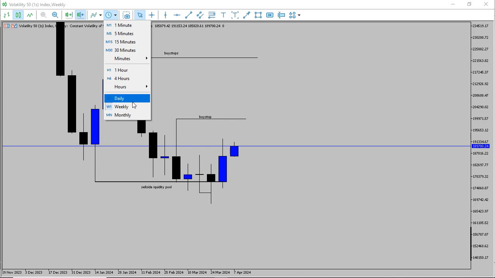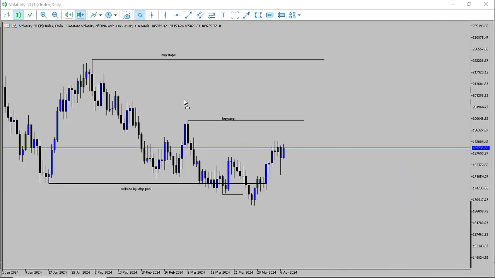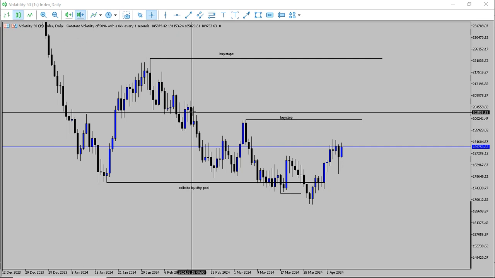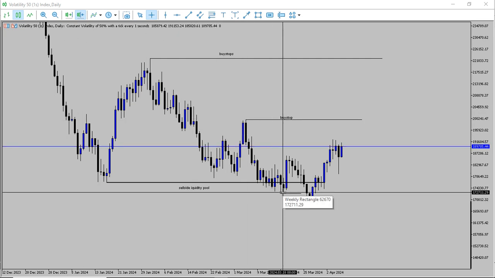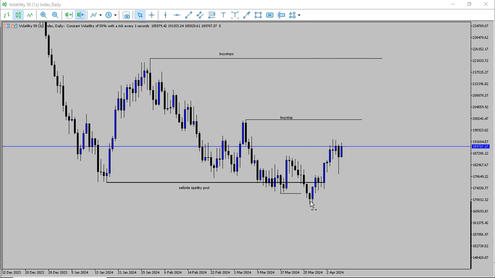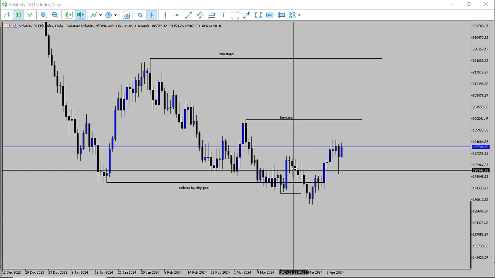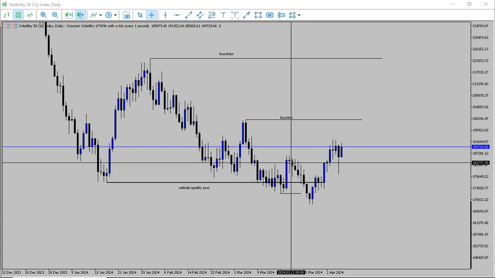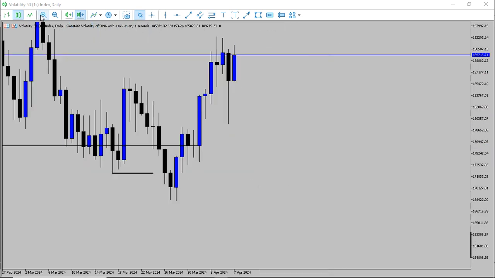So this is the daily time frame, the whole of March. This is February. This is March, and this is March and April. Still March. So March took out that low, and there is no inefficiency right here. The only place we had inefficiency was here.